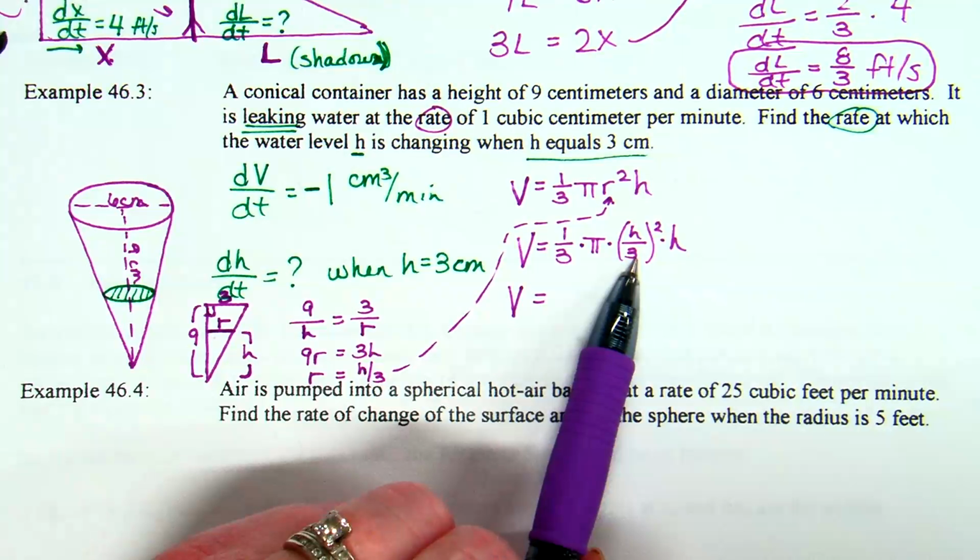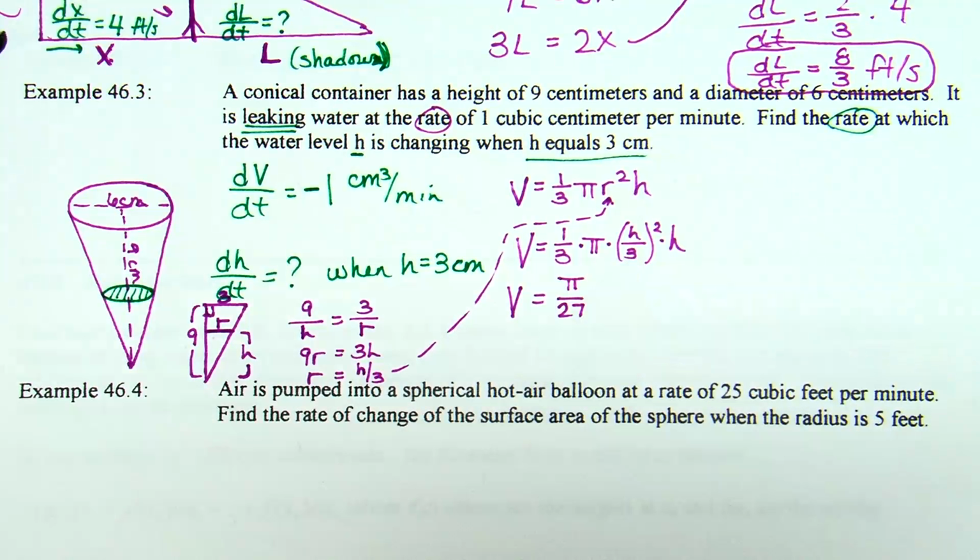In terms of numbers in the numerator, it's just a 1, and then there is a pi. So I'm using pi over 27 as my numerical coefficient. Here in the numerator, I have h times h, which is h squared, times another h. So this is h cubed. So I've just cleaned up that whole equation to look like this.